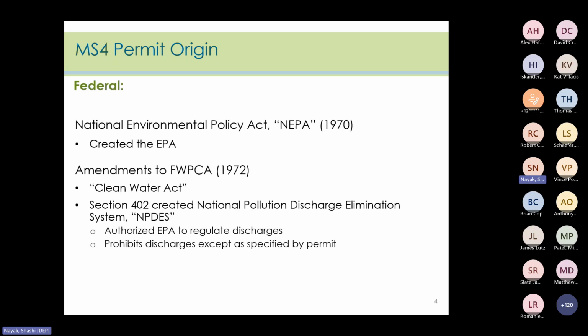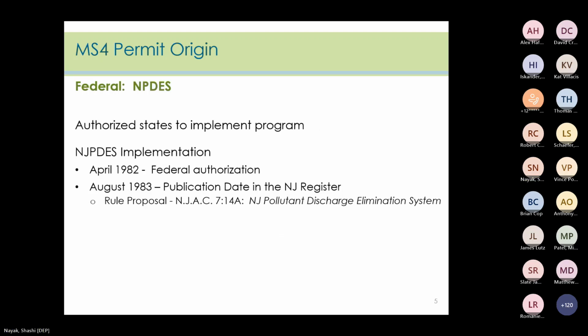Because of this program, the EPA is authorized to regulate discharges into the nation's waters by setting limits on the effluent that can be introduced into a body of water from an operating and permitted facility. NPDES also established the requirements for what a state must do to obtain approval to implement and operate its own program.